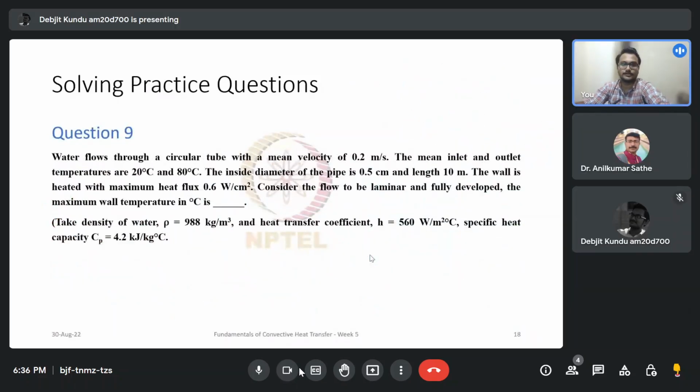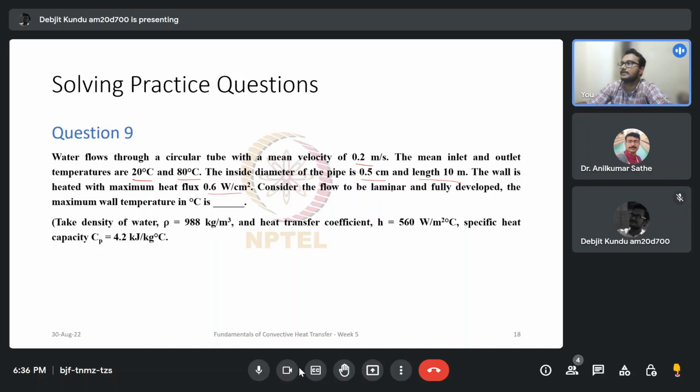Okay, so are the slides visible? Water flows through a circular tube with a mean velocity of 0.2 meter per second. The mean inlet and outlet temperatures are 20 degrees Celsius and 80 degrees Celsius. The inside diameter of the pipe is given, the length is given, the wall is heated with a maximum heat flux of this much.